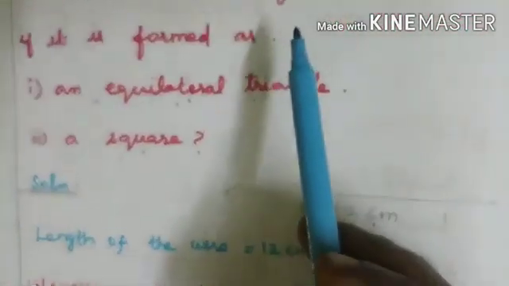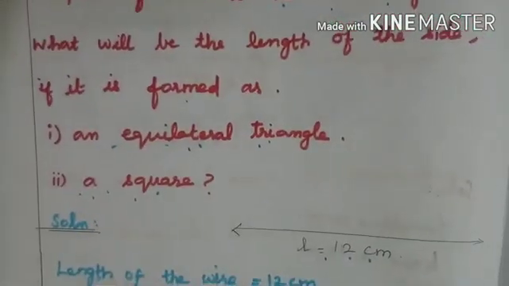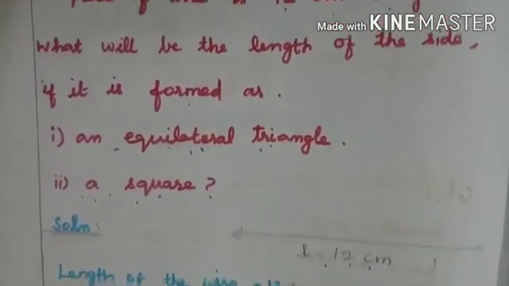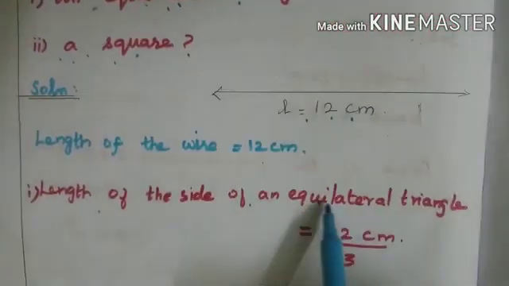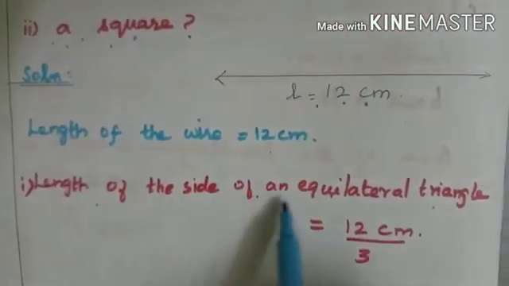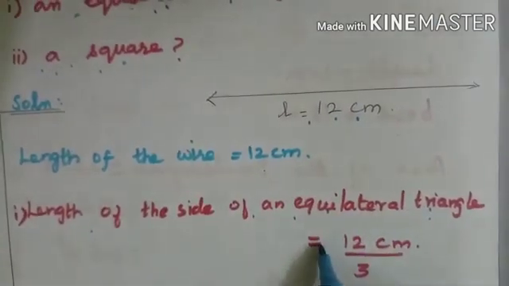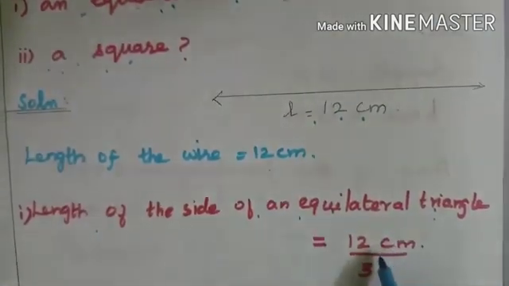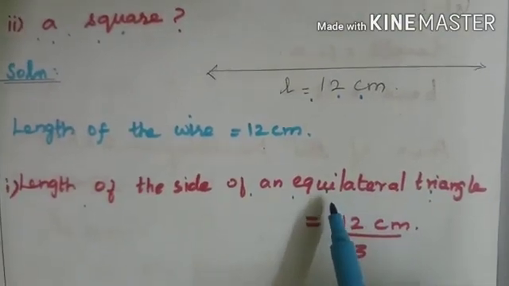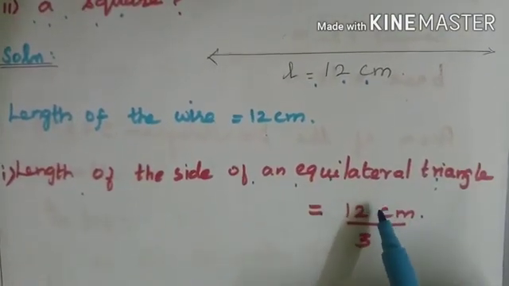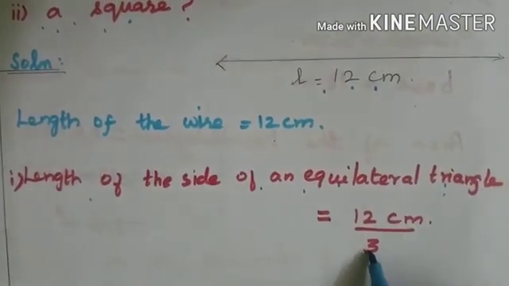First we have written the length of the wire is 12 centimeter. Now length of the side of an equilateral triangle equal to the 12 centimeter, and an equilateral triangle has 3 sides, so we are dividing it by 3.